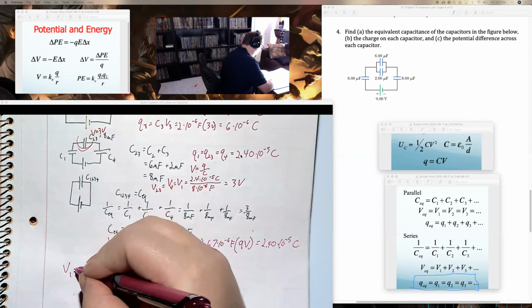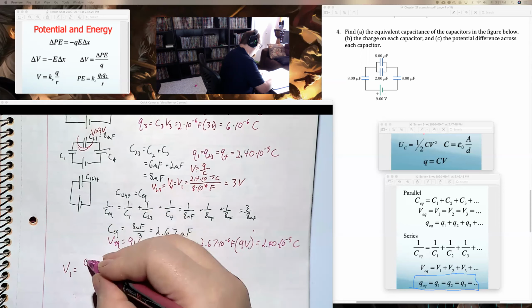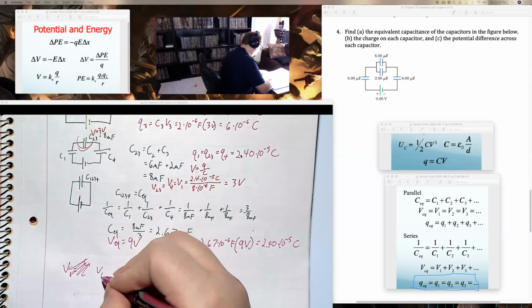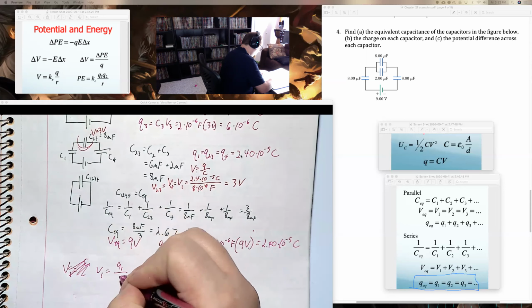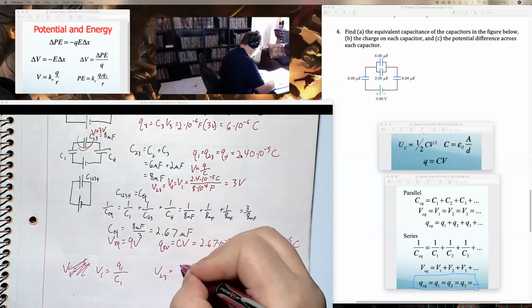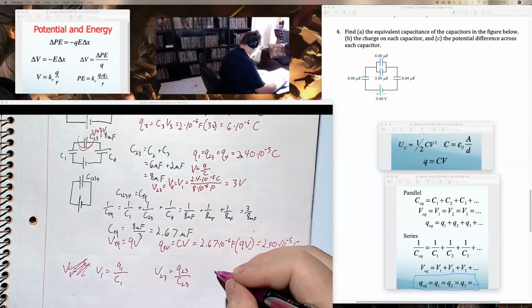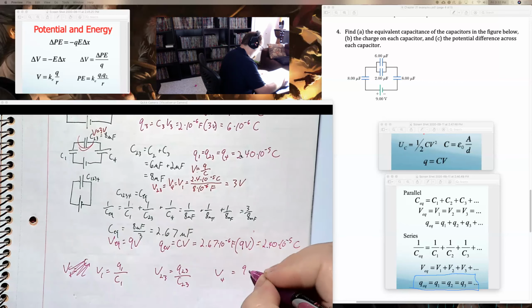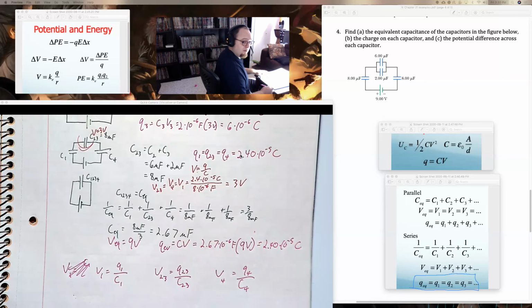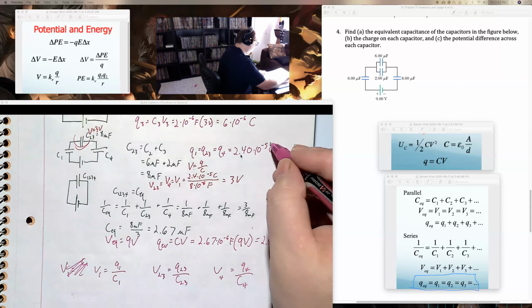So V1 should be Q1 over C1, since Q equals CV. V23 is Q23 over C23. And V4 is Q4 over C4, right? Now, because they're in series, all of these Qs are the same.